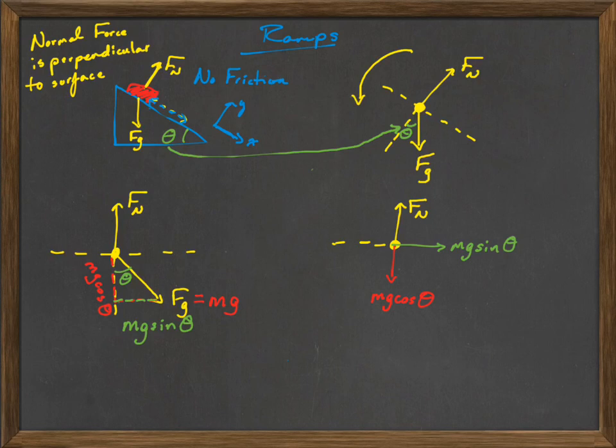Okay, so from here, if we wanted to solve for, say, the acceleration, what we would do is, kind of like we wrote in the last problem and what I wrote at the beginning of this problem, split your net force into x's and y's.